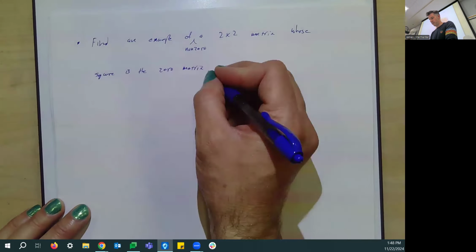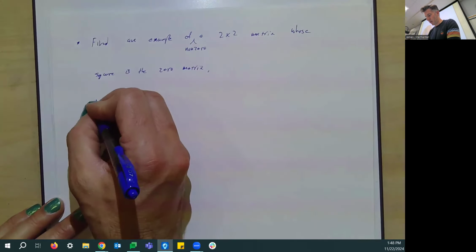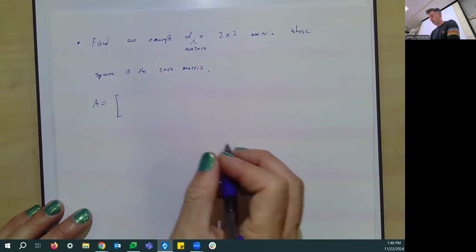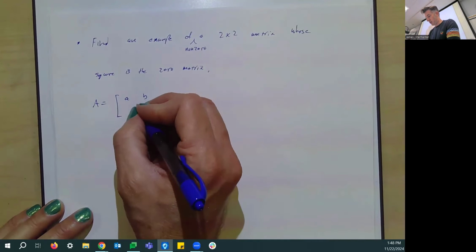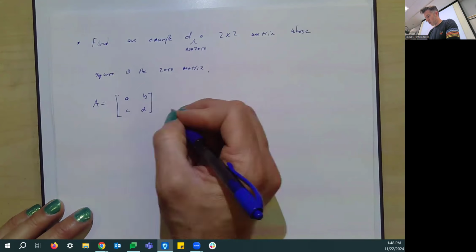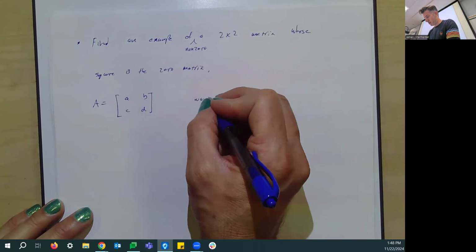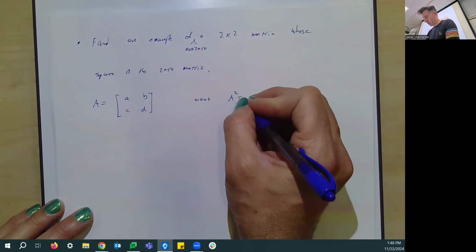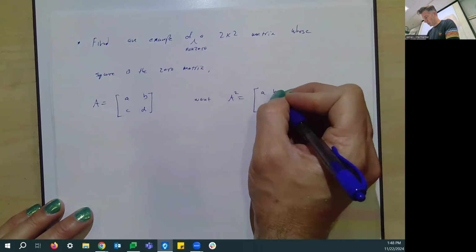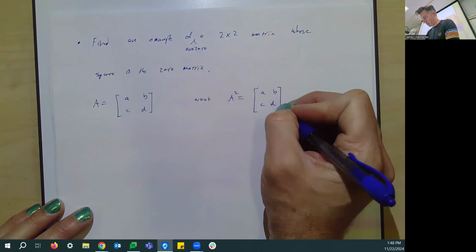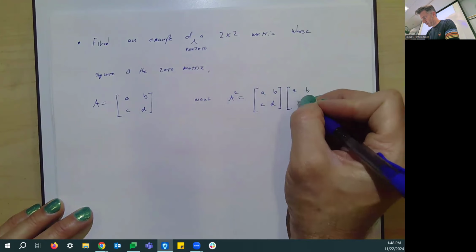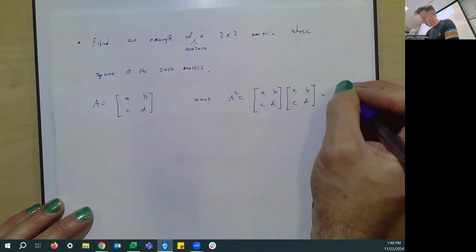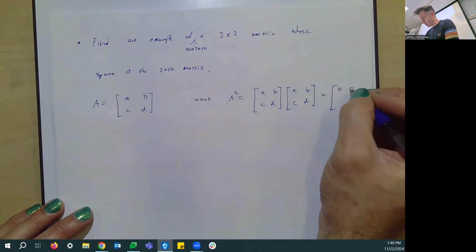So here's what we want. We want to find a matrix A, and we don't know what it is yet, so we're just going to make it generically a, b, c, d, but we want A squared, which is just the matrix A times the matrix A, to equal the zero matrix.